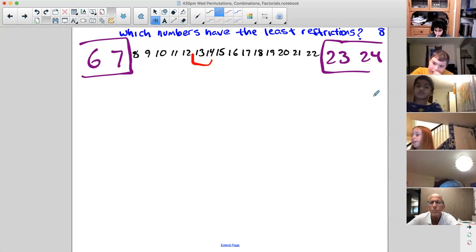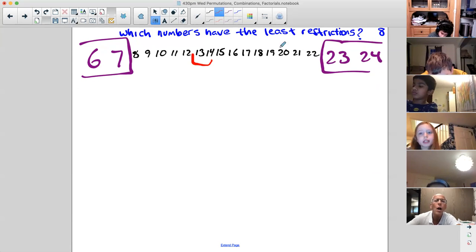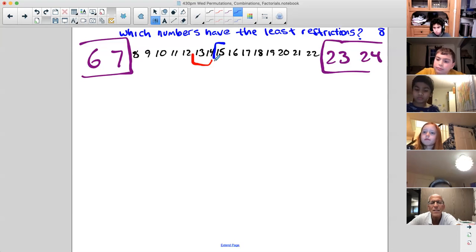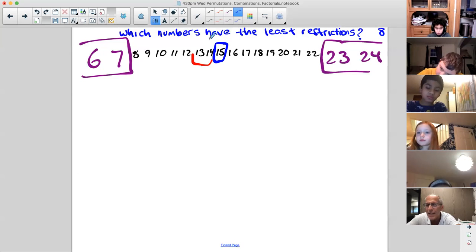Well, 15 is what I think, because you said 13 and 14 were right around that sweet spot. So I was thinking 15 because that's right next to those two numbers. Guys, 15 is just like the other one with 10. This is the middle number.